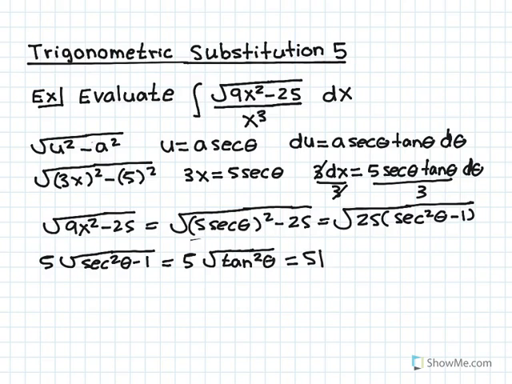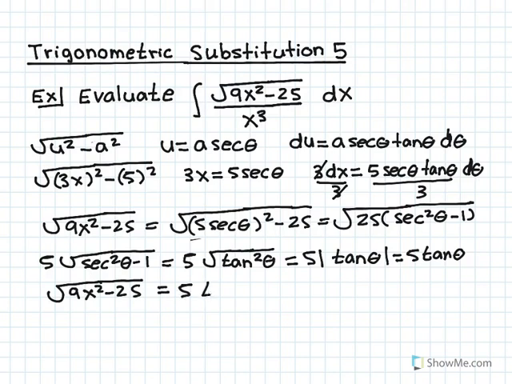That's 5 times the absolute value of tan theta. But because of the way we have restricted the angle theta, we can remove the absolute value. So we get 5 tan theta. We have shown that the numerator of the integrand, the root of 9x squared minus 25, is equal to 5 tan theta.